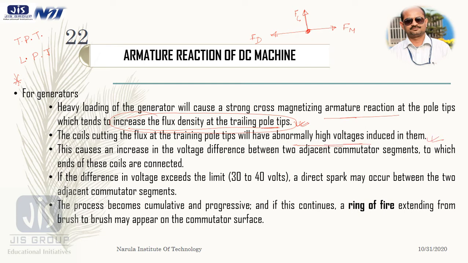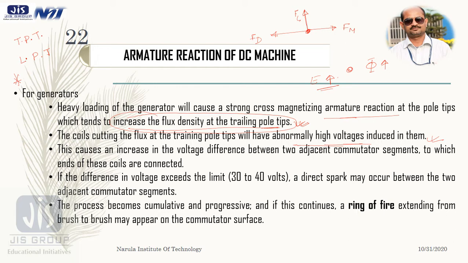So as there is a crowding effect in the trailing pole tip, the flux is high, so there is a high induced EMF in the trailing pole tip, and this causes an increase in voltage difference between the two adjacent commutator segments to which the ends of this coil are connected.